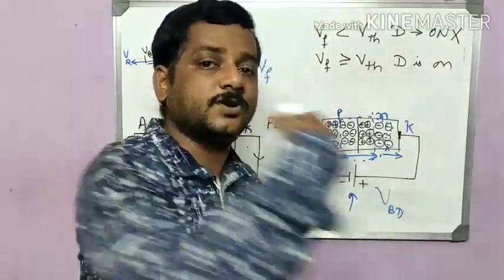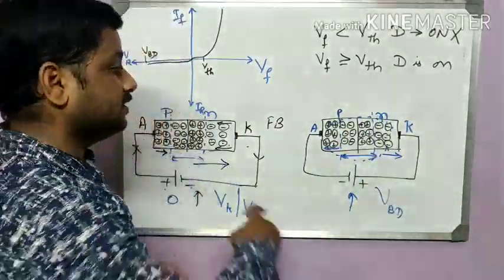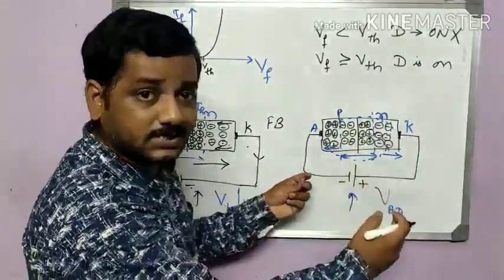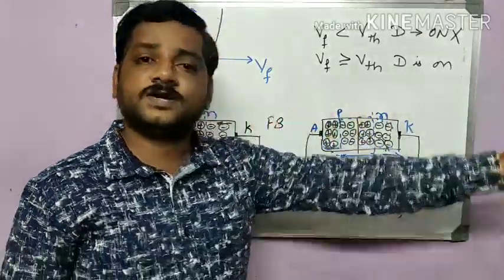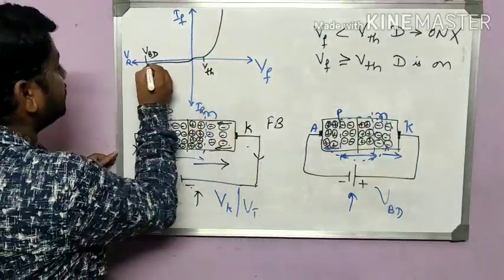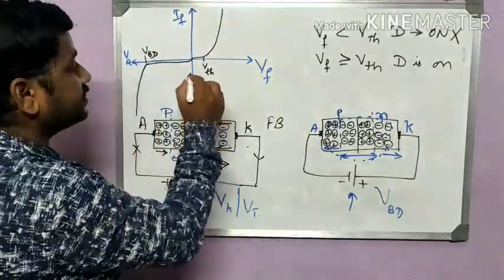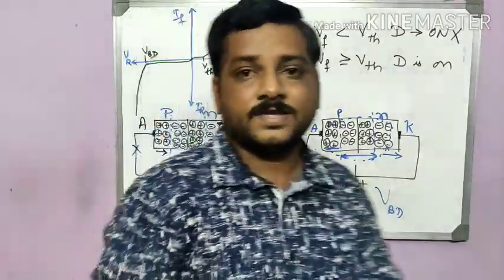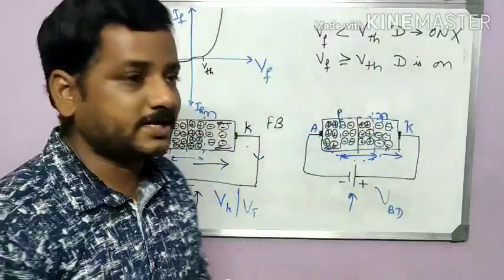If we increase the voltage beyond the breakdown voltage, there will be a short circuit. Breakdown is nothing but a short circuit. There is no opposition at all. Heavy flow of current will be there, increasing like this but in the reverse direction. So this is the graphical representation of the characteristic of a diode.